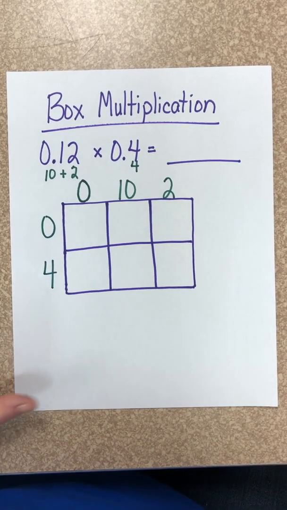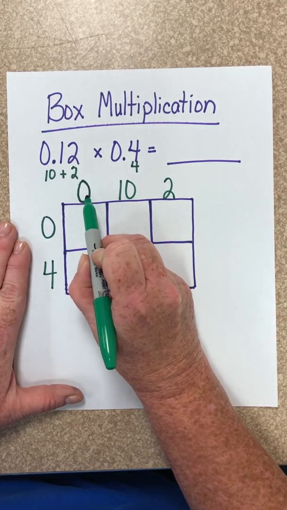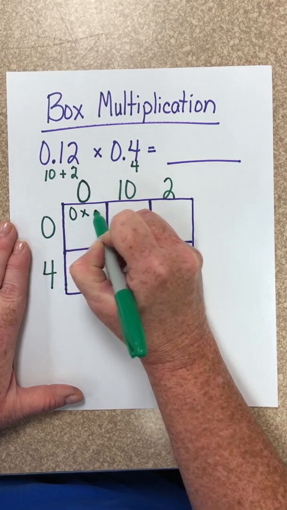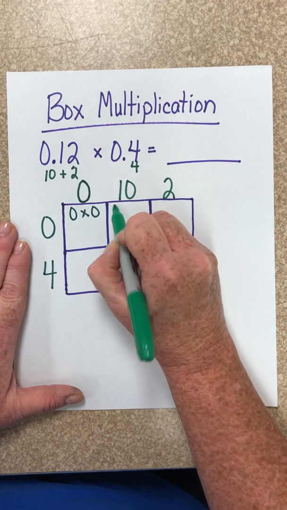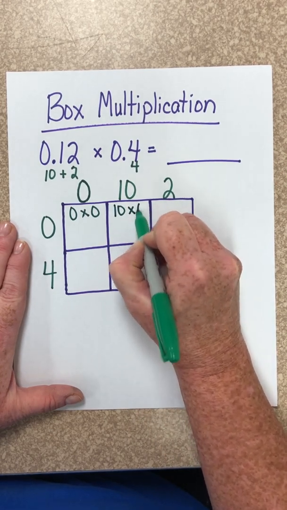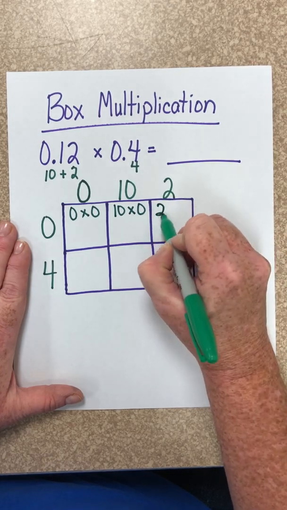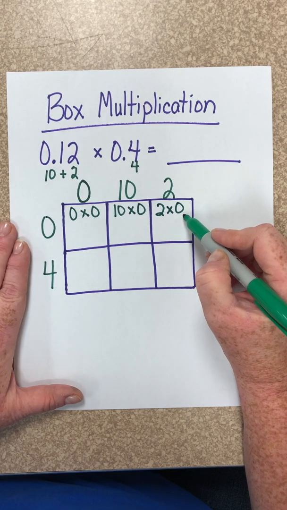And now let's begin. When we multiply with the box method, I always suggest we start with the top numbers. So that would be 0 times 0 in this first box, 10 times 0 in the second box, 2 times 0 in the third box.